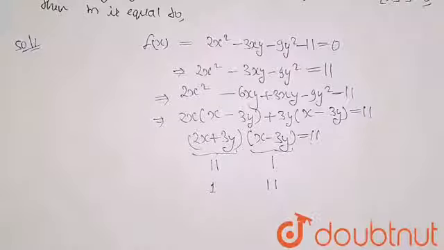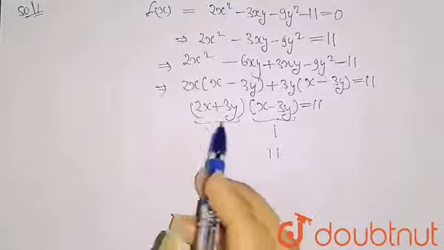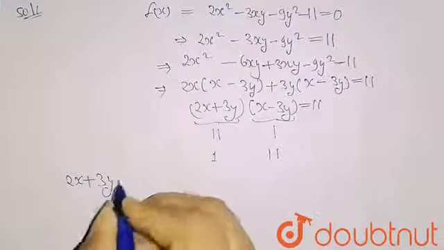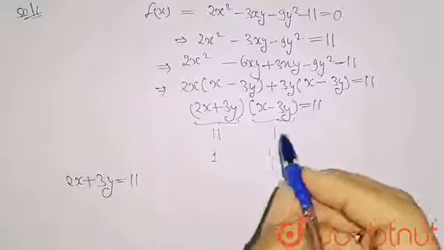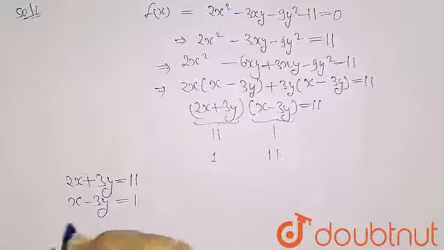So these two conditions are there. According to the first condition, 2x plus 3y equals to 11 and x minus 3y equals to 1.